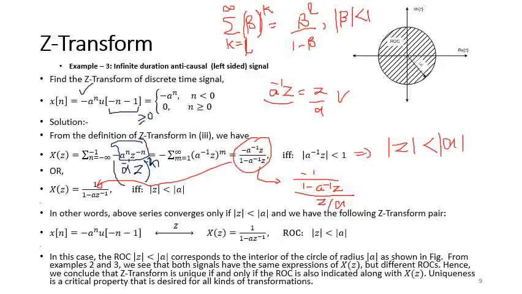On simplification, this will become minus 1, and z over a is basically a over z, and minus a inverse of z into a over z.